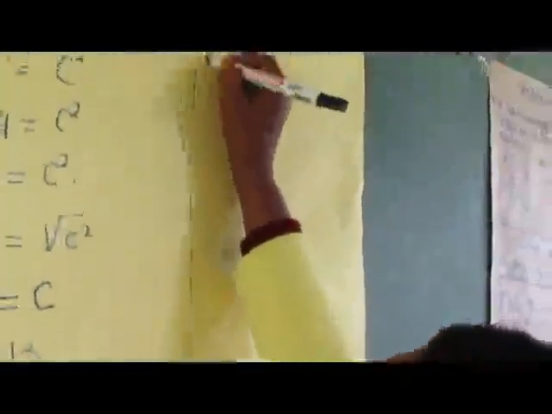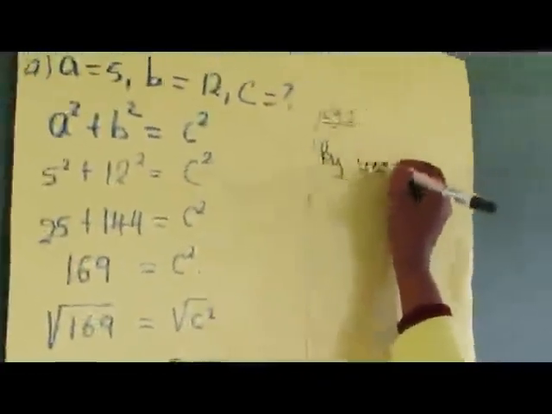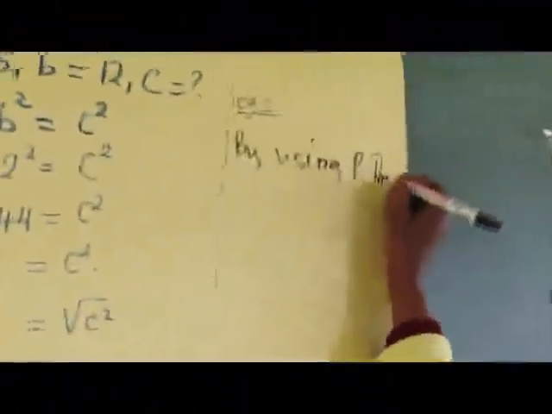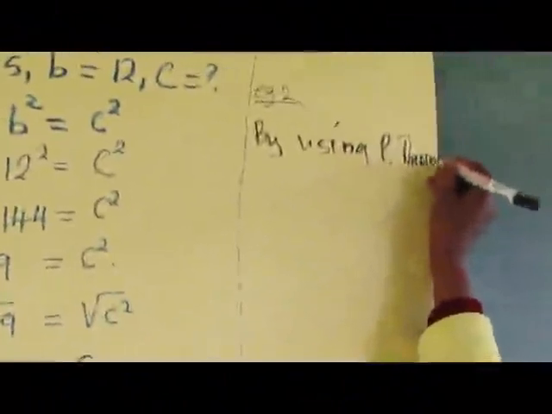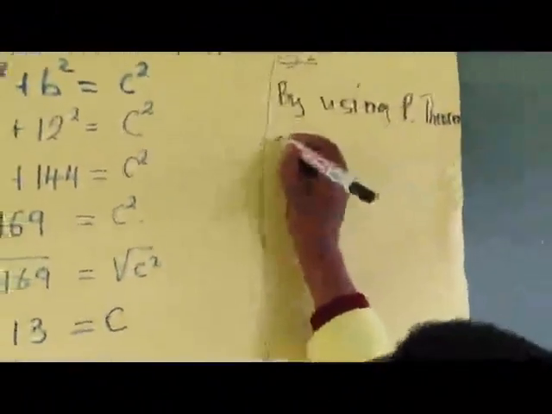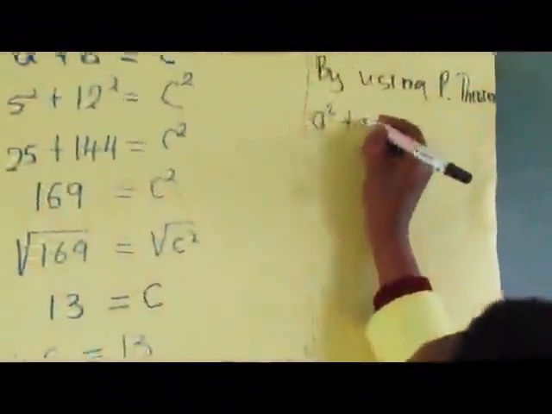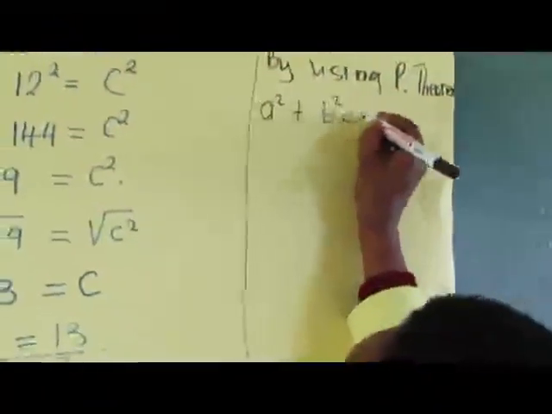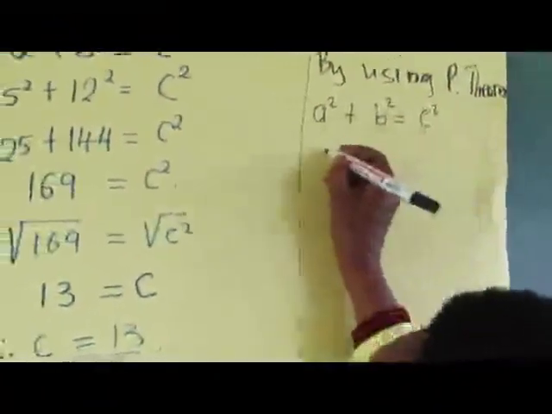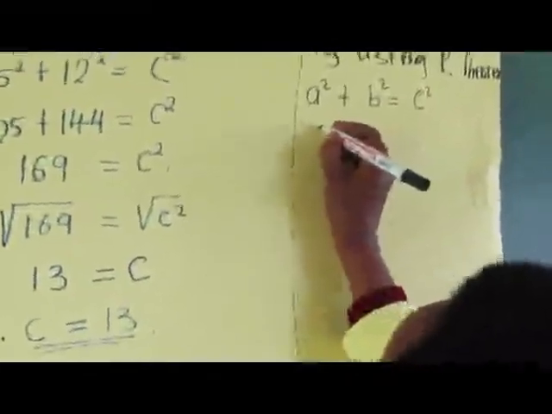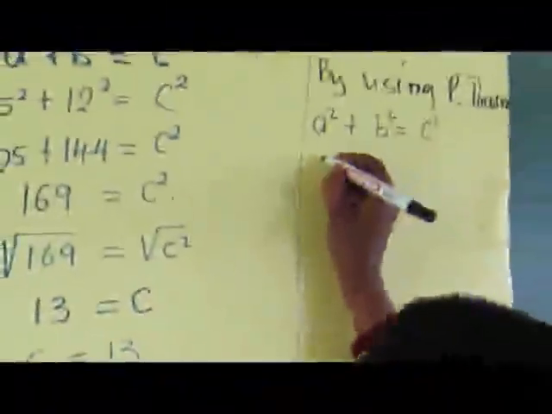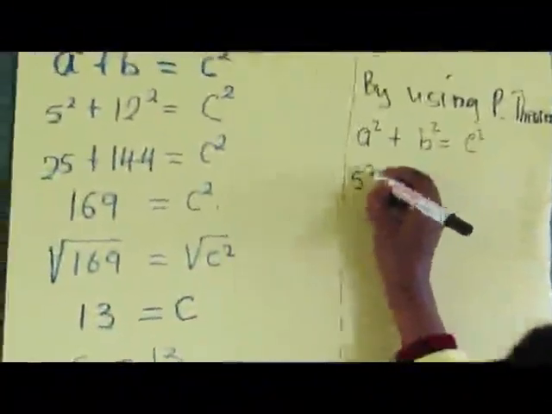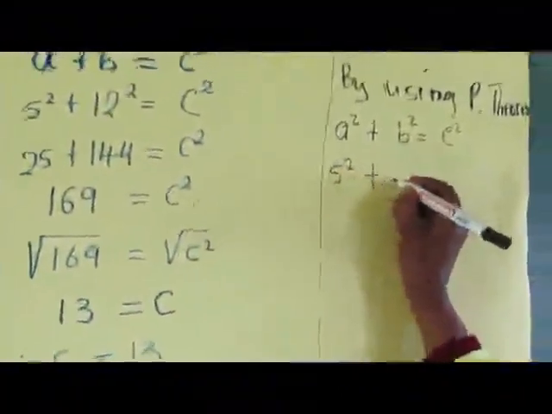By using Pythagoras theorem, A square plus B square is equal to C square. Our A is 5 square. B is 12 square.